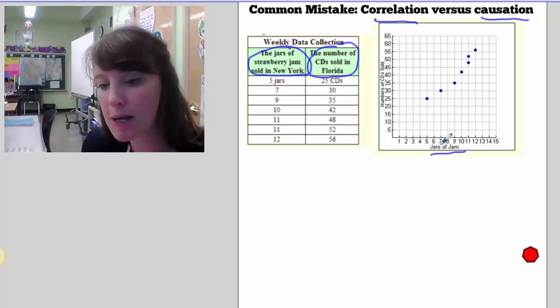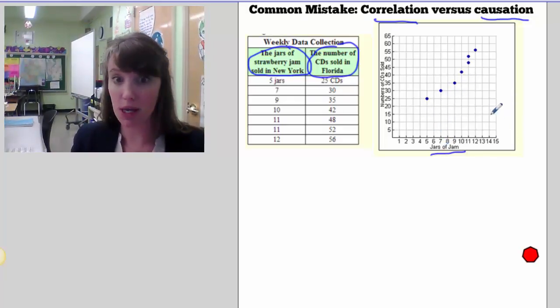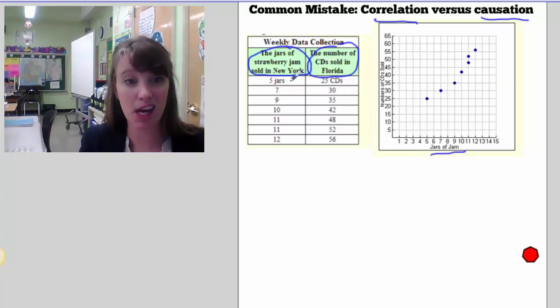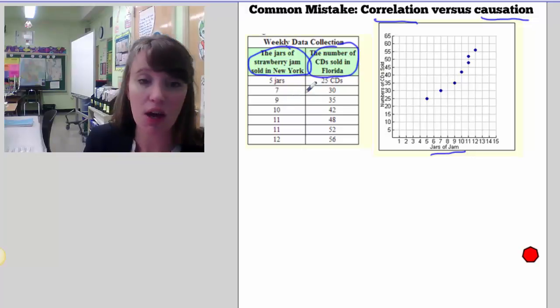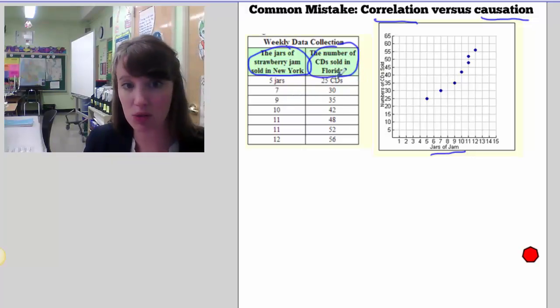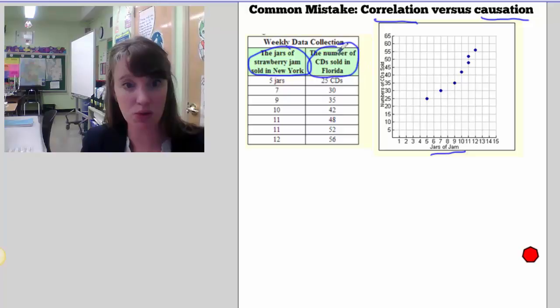Let's say there was a snow day like we just had. The jars of jam sold in New York State were very low on that snow day, and the CDs sold in Florida were also very low on that snow day.